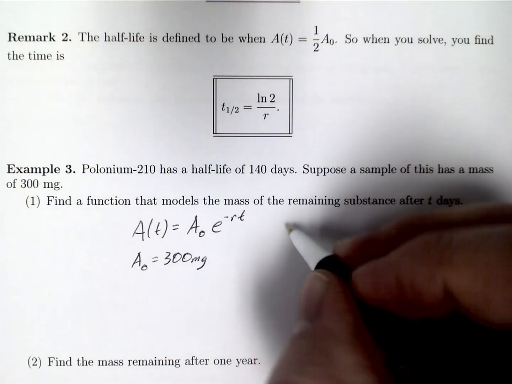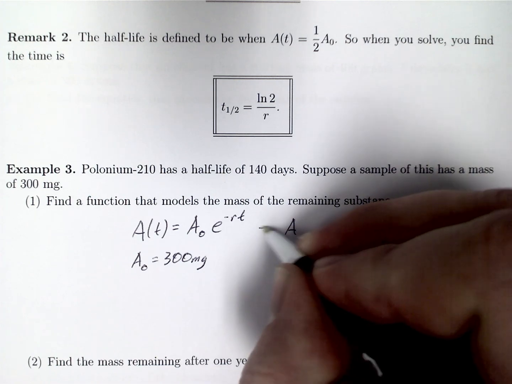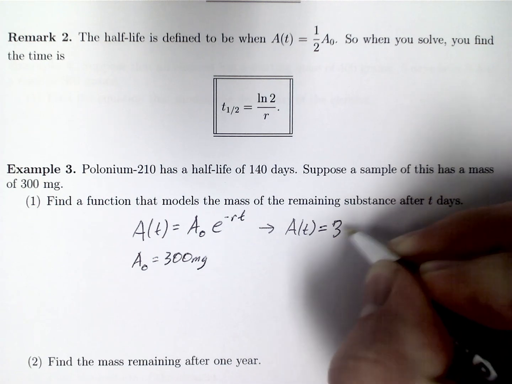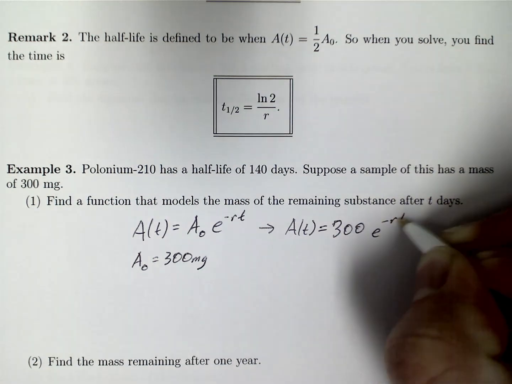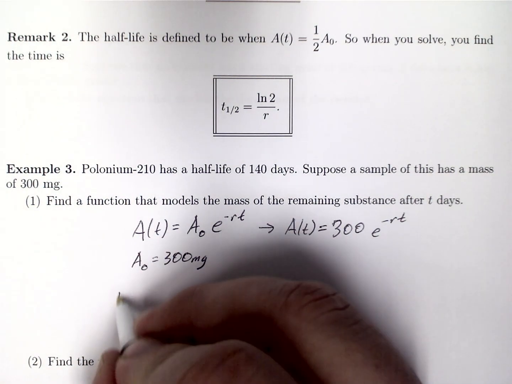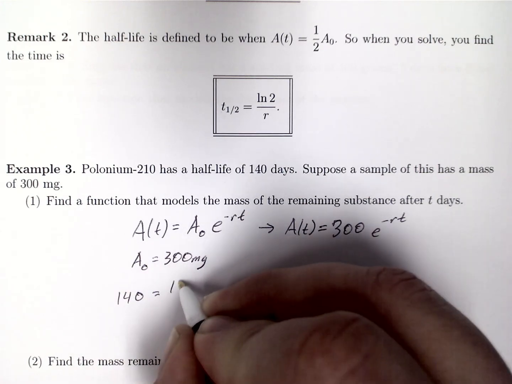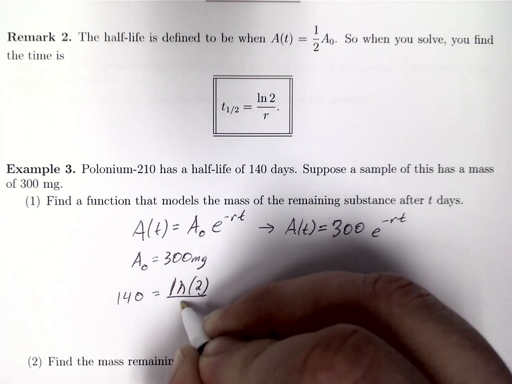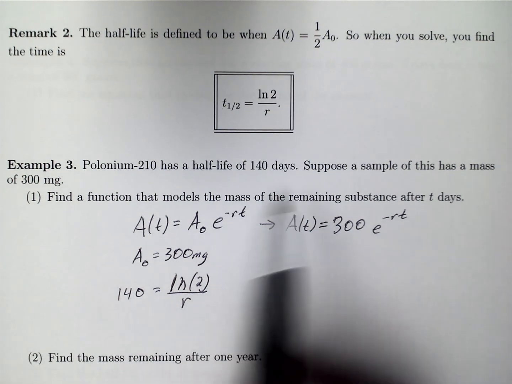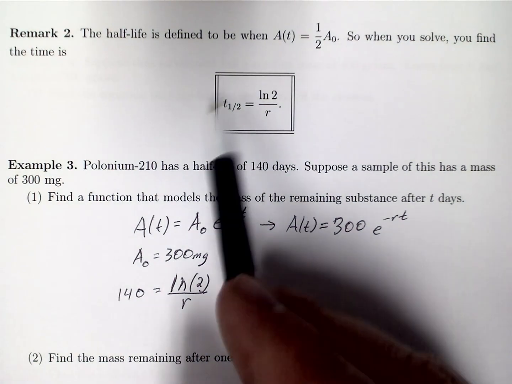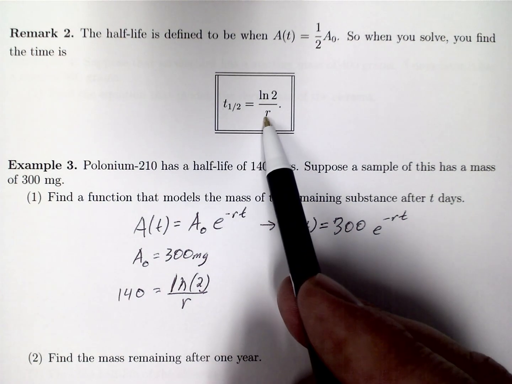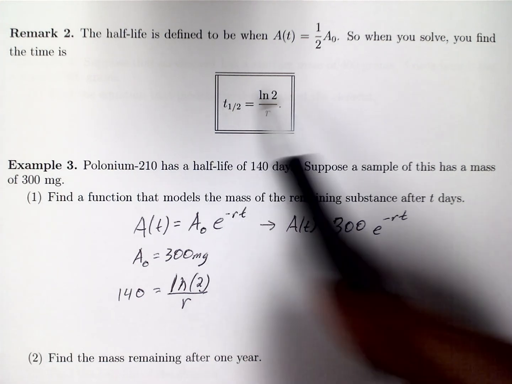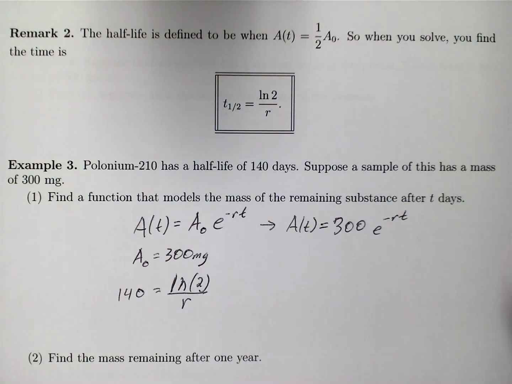We have A naught, but that's not enough, and we need the R. So the half-life is 140 days, and it equals ln of 2 over R. The important thing to know is that from this half-life formula, if you have the half-life, you have the relative decay rate. If you have the relative decay rate, you have the half-life.